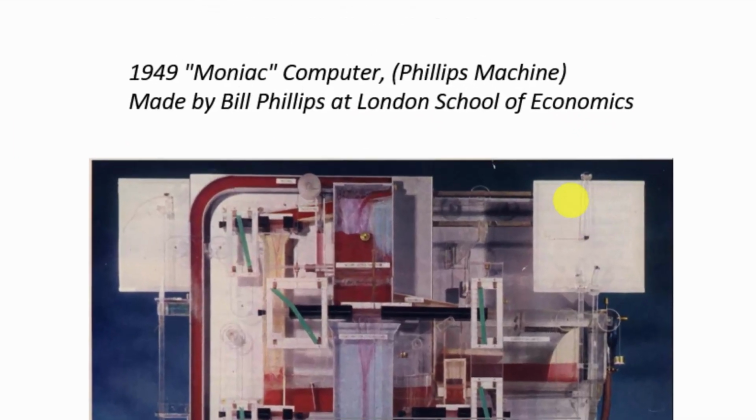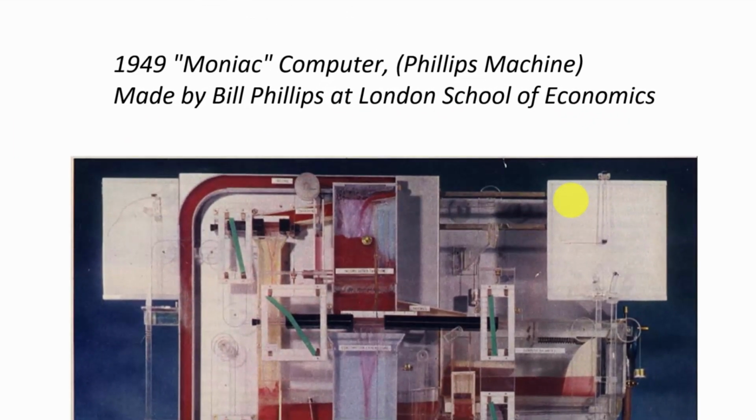But this computer was created in 1949, and they called it the Moniac computer. Moniac was kind of a takeoff of a name of a real electronic computer of the time that was called ENIAC. So they called this the Moniac because this is kind of tracing the flow of money in the economy.